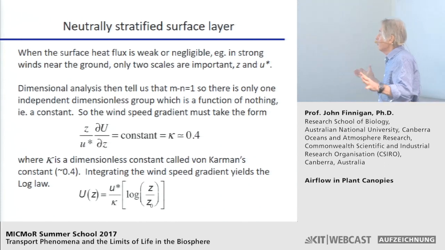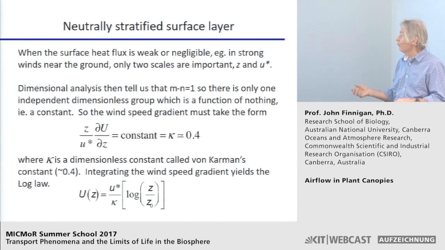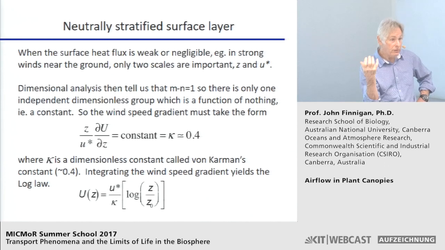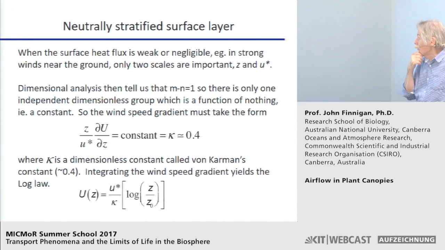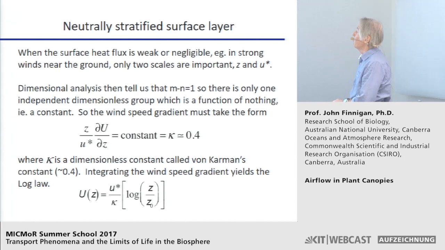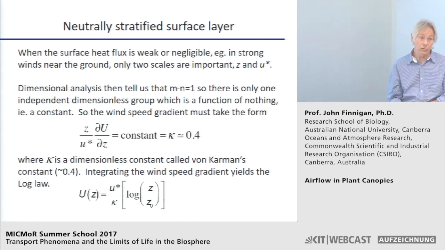So let's imagine that this surface heat flux is weak or negligible to start with. So strong winds near the ground. Now there are only two scales because Q0, the temperature flux, or the buoyancy flux is 0, and the buoyancy parameter is unimportant. So now there's only m minus n one independent dimensionless group.